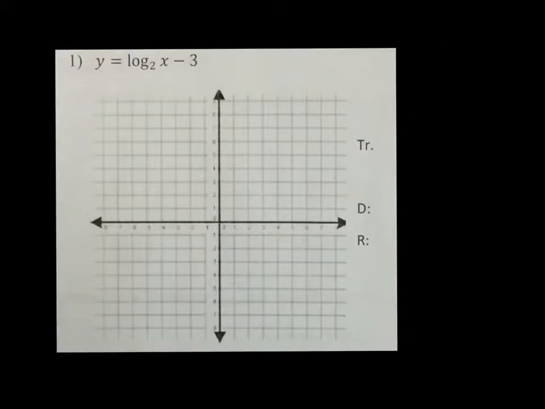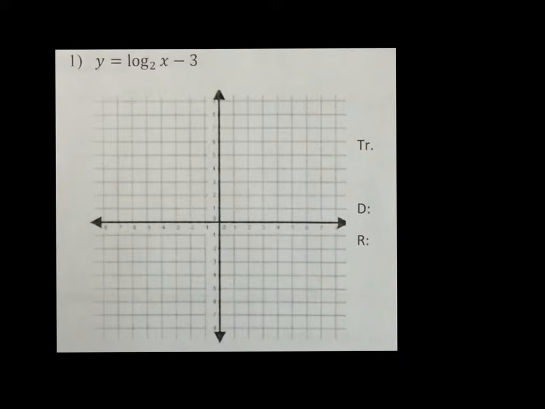Now let's look at some graphs, some transformations of the basic log function, and see how those graphs look. We're now on page 14 in our packet, and we're going to work these 8 problems together. The first problem is y equals log base 2 of x minus 3.